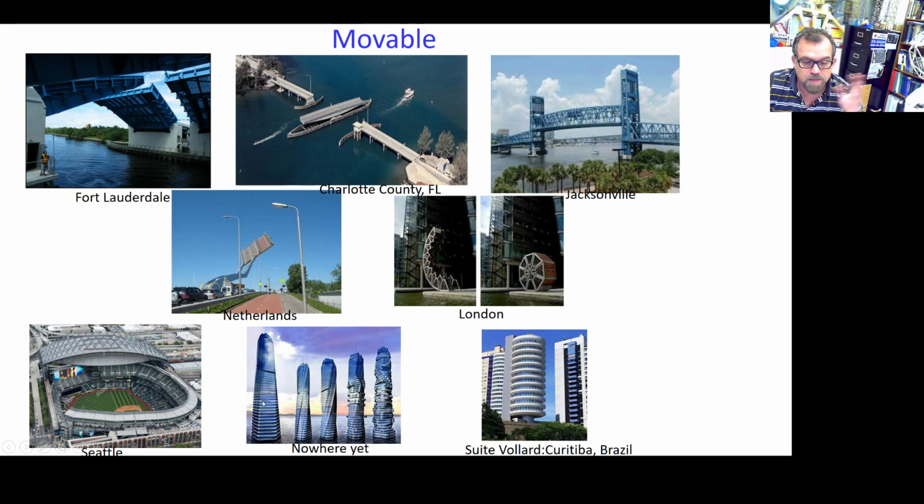He has been planning on doing it for several years now in different parts. But the concept is that the floors can rotate independently. Now this one is built, and it's also a rotating structure. It's in Brazil, called the Suite Vollard. These can rotate 360 degrees and go back to the original point again. So just another type of structures.